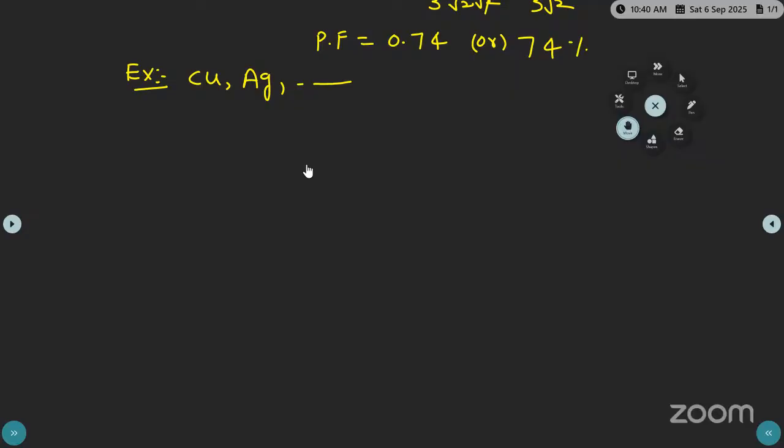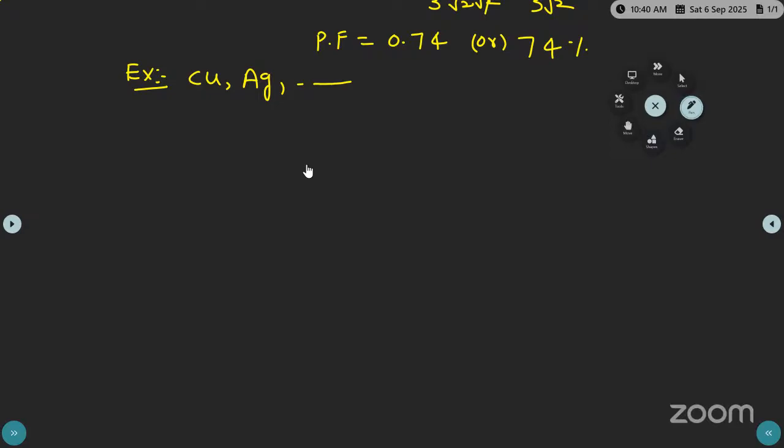The properties of the crystals are structure dependent. If the structure of the crystal changes, automatically the properties also change.